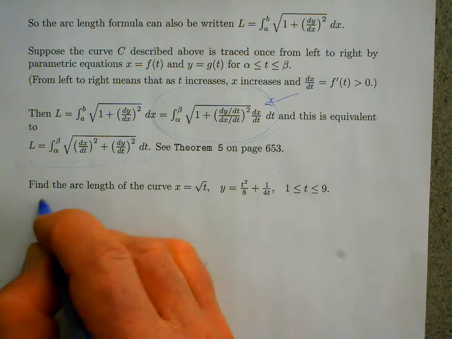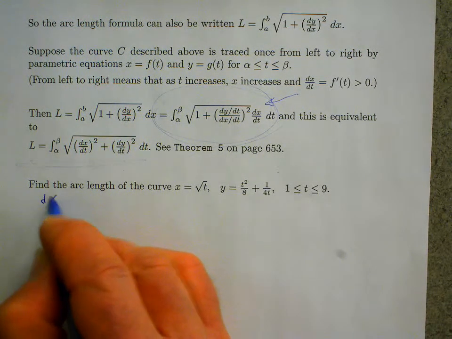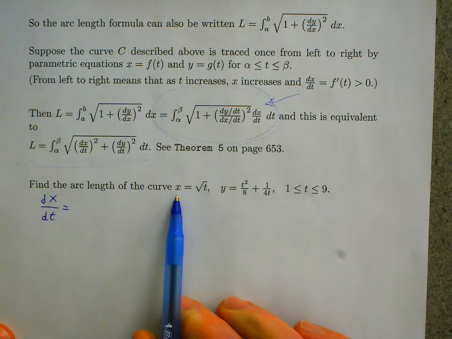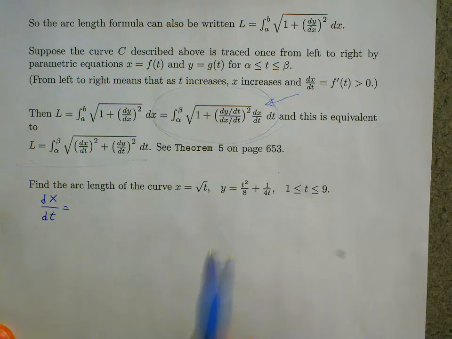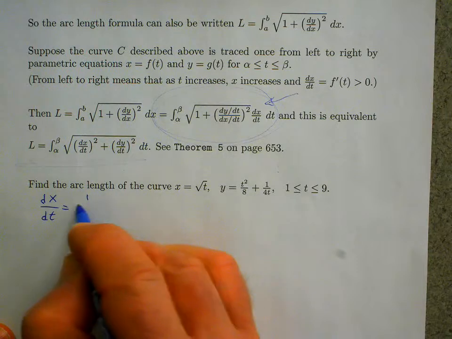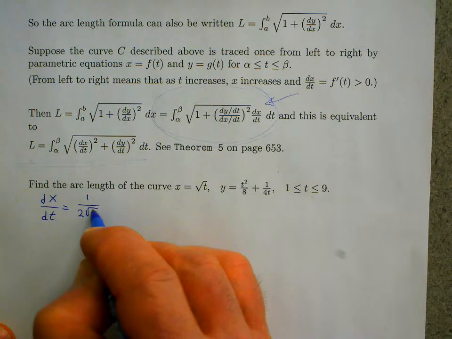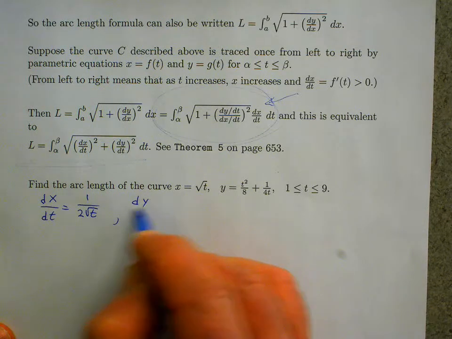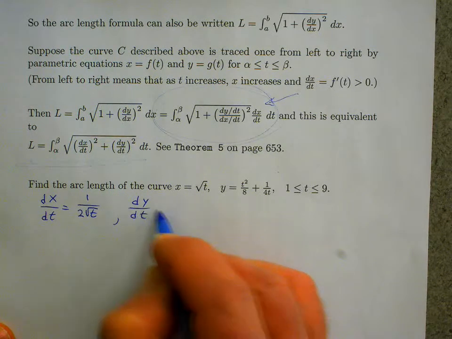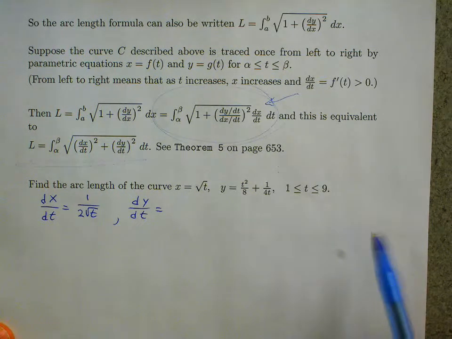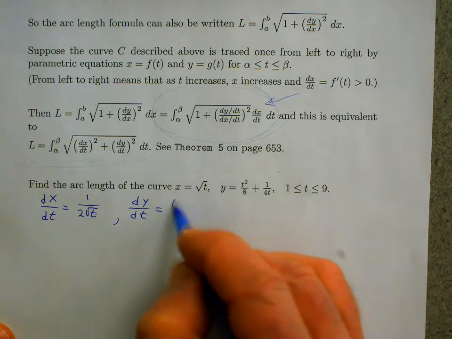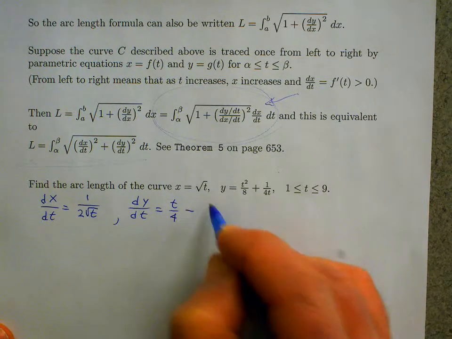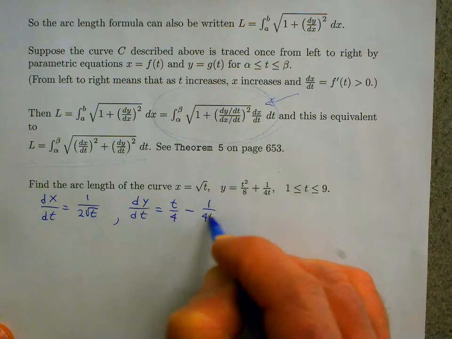Okay, so we need to know what dx/dt is. Since x is the square root of t, dx/dt is 1 over 2 times the square root of t. And the derivative of y with respect to t will be t over 4, and then minus 1 over 4t squared.